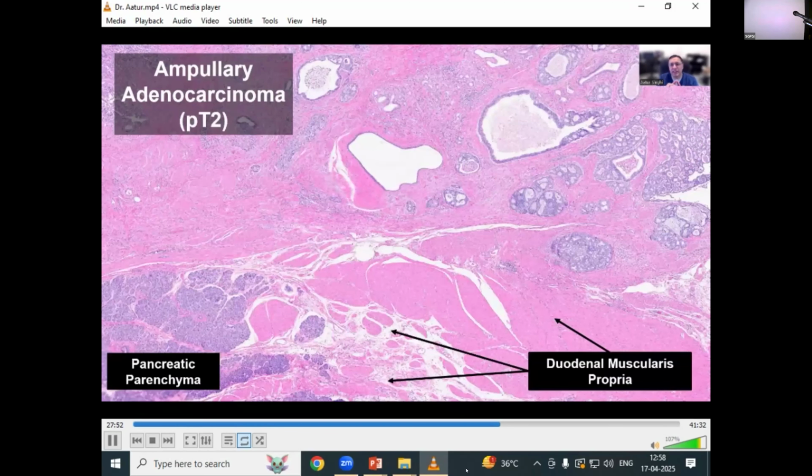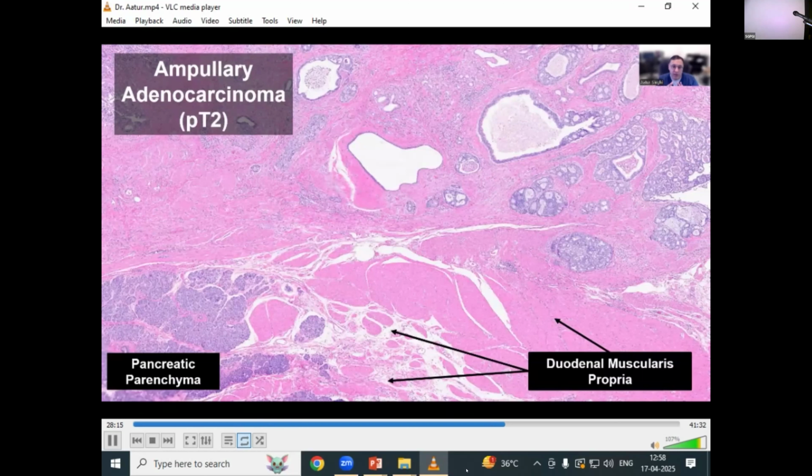An equally challenging area is defining a T2 ampullary adenocarcinoma that extends into but is limited to the duodenum. It's important to note that the duodenal mucosa can often be disorganized, separated by variable sized globules of pancreatic tissue, but this should not be confused with pancreatic parenchyma.